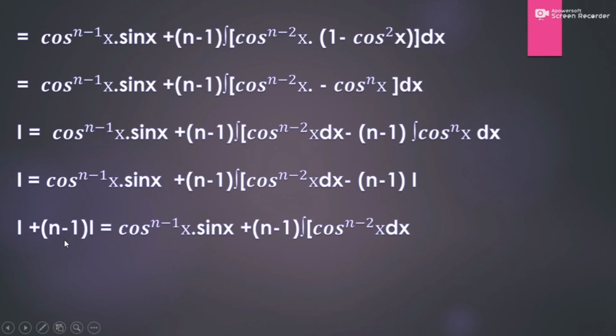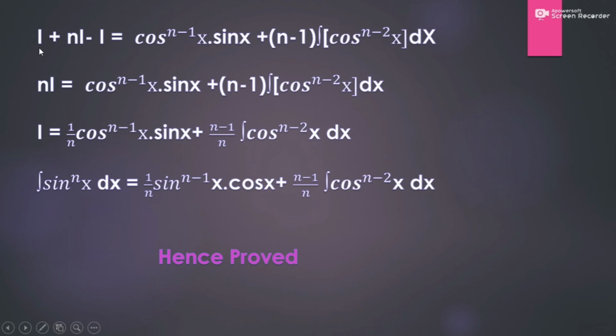So I plus (n-1) times I is equal to cos^(n-1)x sin x plus (n-1) times the integral of cos^(n-2)x dx. This term is as it is. Then multiply this bracket by I. Then I plus nI minus I is equal to cos^(n-1)x sin x plus (n-1) times the integral of cos^(n-2)x dx.